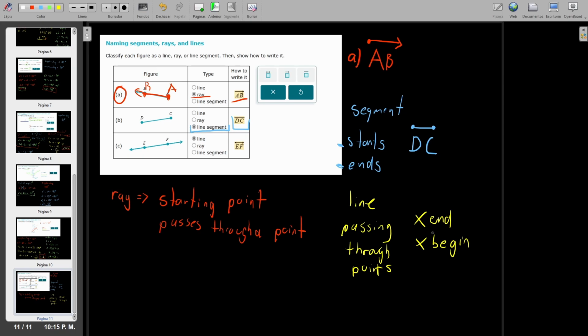It doesn't start and it doesn't end. In this case we only write the two points, E and F, and it goes like this from E through F. That's how we identify that it is a line, and it's going like this one.